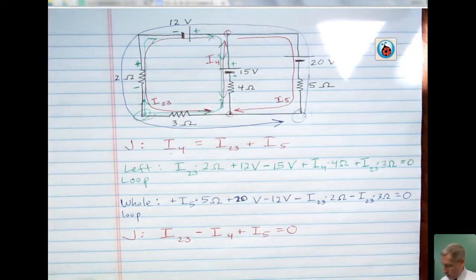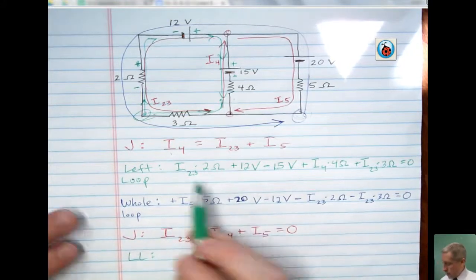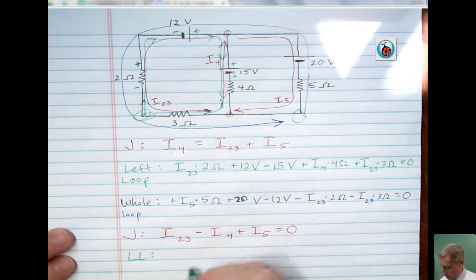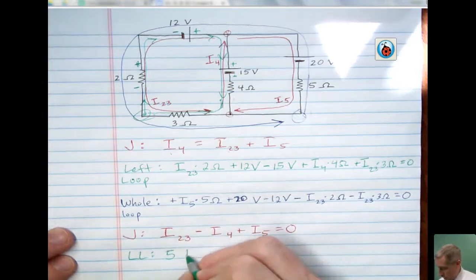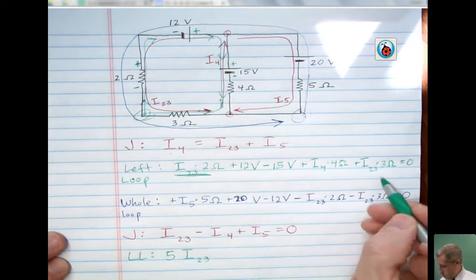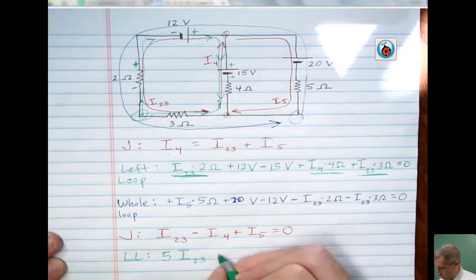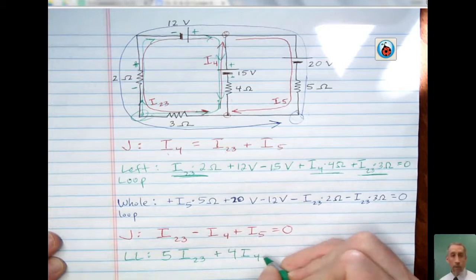And then my left loop equation, see, I have two terms with I-23 in it. So I combine those together, and I'm going to leave the ohms off for now. I'm going to say this is 5 times I-23. That takes care of this and this. And then here's one term that has I-4 in it. So that's plus 4 I-4.